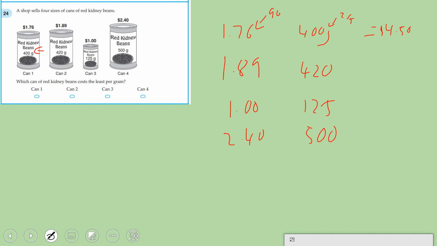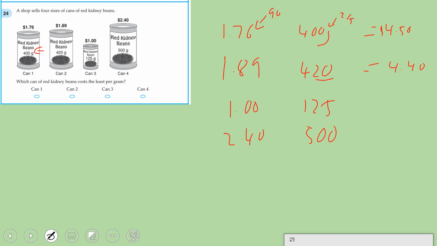This will be about the same, but it's a little bit more expensive. So it's about 85 cents times 5. So again, about 450. I'll go a little bit less, 440, because it's for a bit more grams.